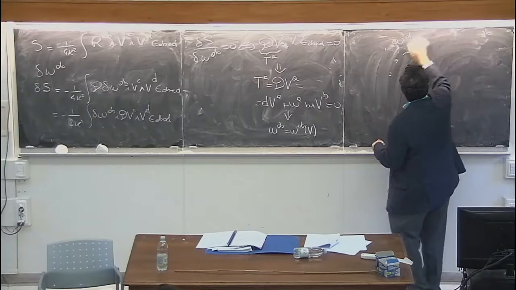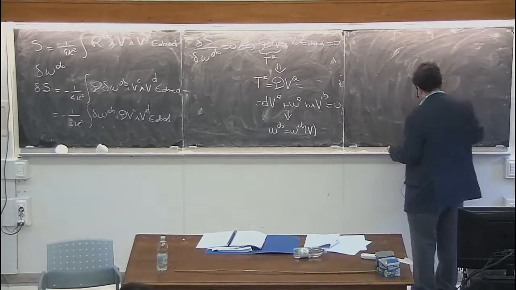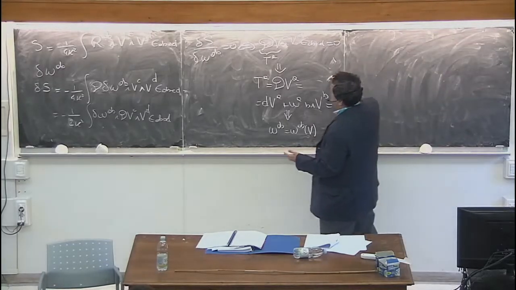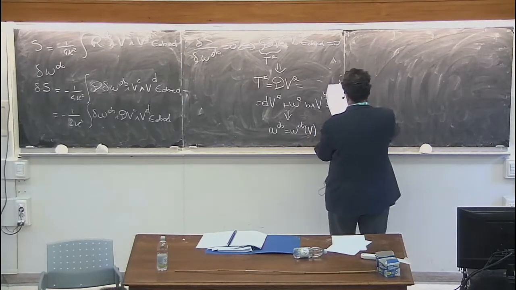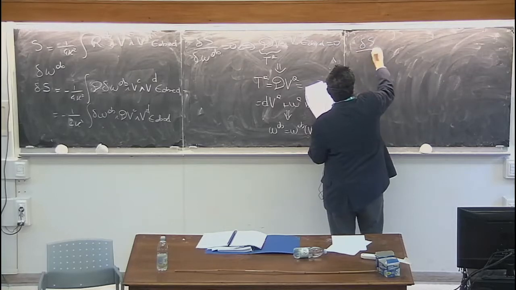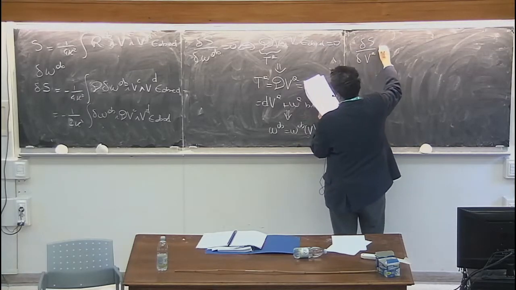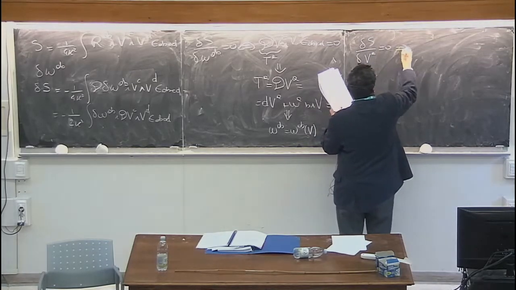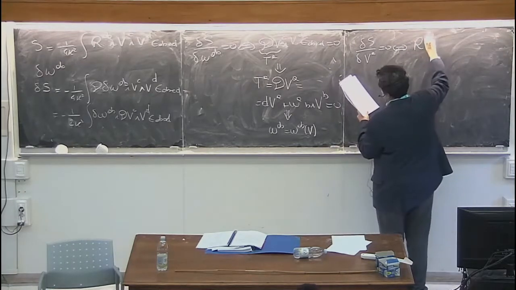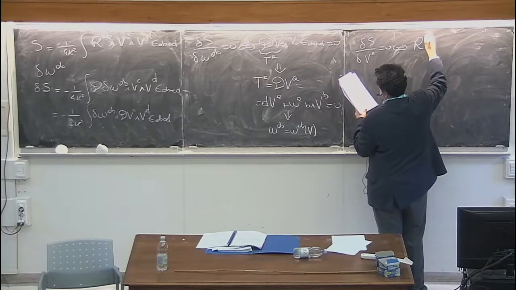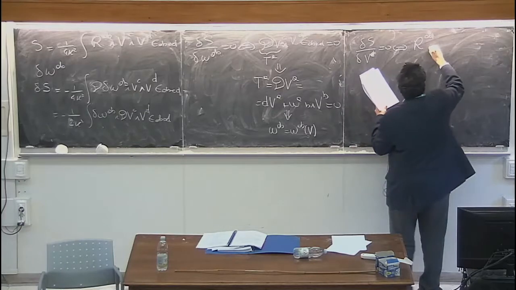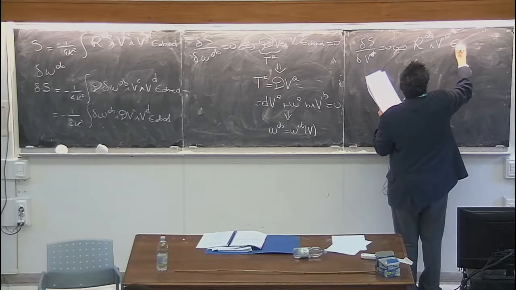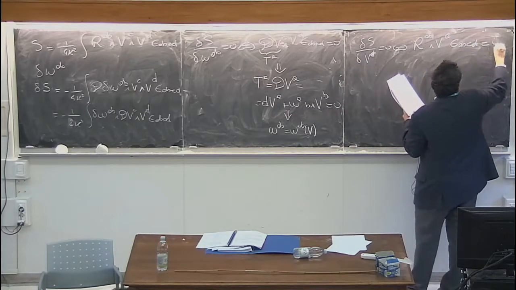Then what happens if we derive with respect to V? Well, delta S over delta V^A equals 0. Here we get R^AB, let's do it with respect to V^D, wedge V^C, epsilon ABCD equals 0.